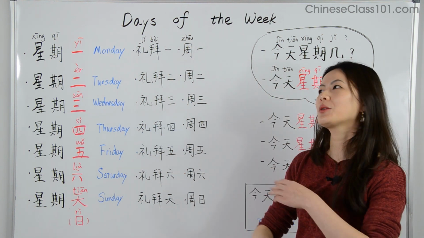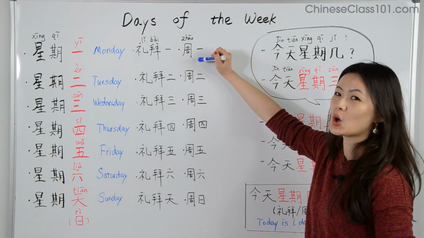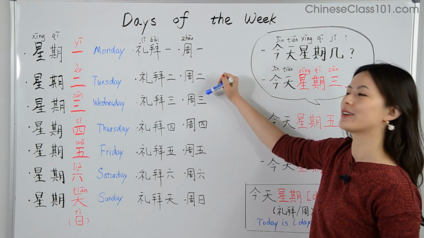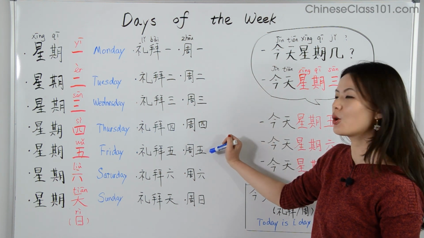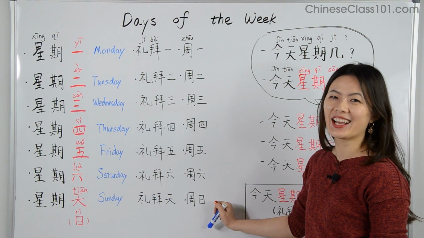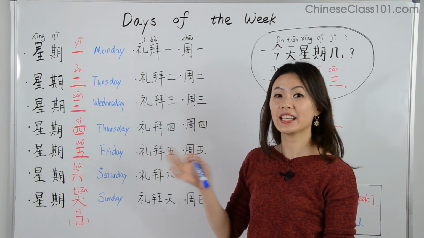So we cycle through the 7 days of the week. So the first day of the cycle is 周一, and then 周二、周三、周四、周五、周六、周日 is Sunday. So here is how you can say the days of the week in Chinese in 3 ways.